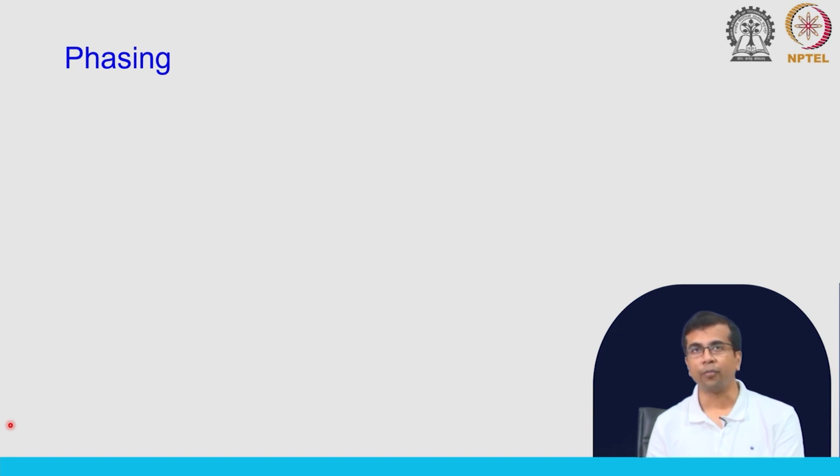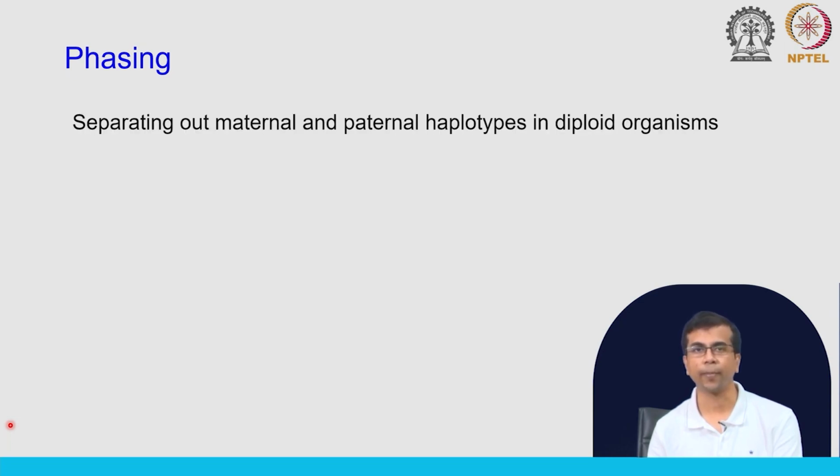There is one final point that we will discuss, something called phasing. This is again related to diploid genomes, like us. If you are working with human genome data and identifying variants, sometimes you would like to do this phasing. We will see some of the variant data and you will see the phasing being done. What phasing means is that you have to separate out maternal and paternal haplotypes.